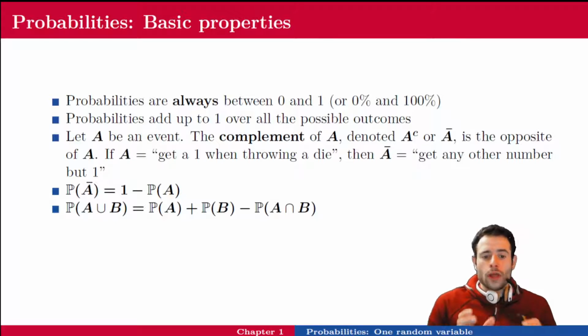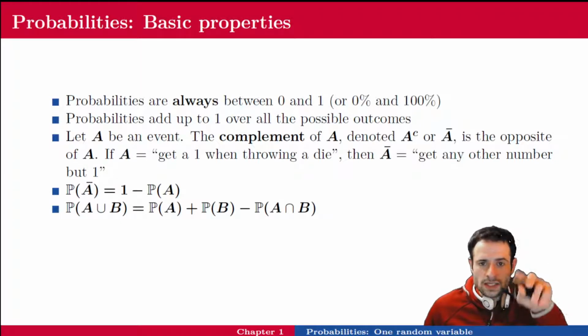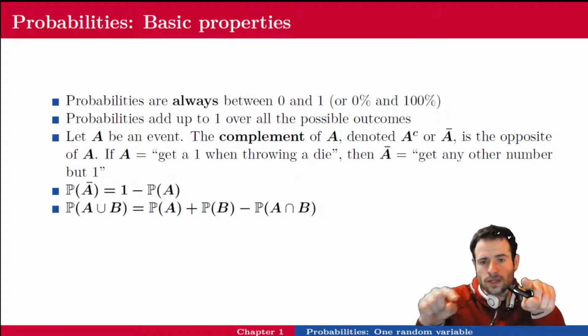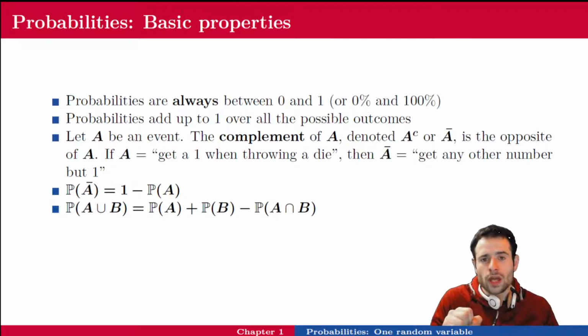If events A and B overlap in some way, then when you look at the probability of A, inside you are including the probability of B happening at the same time. And when you look at the probability of B, inside you're also taking into account the case where A happens at the same time.